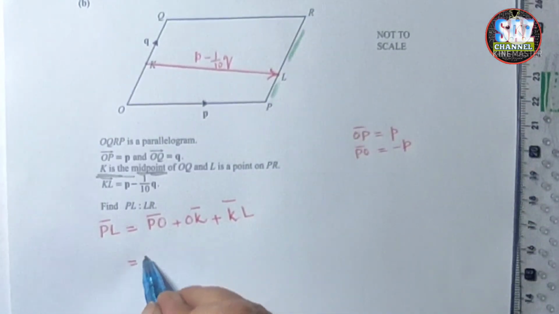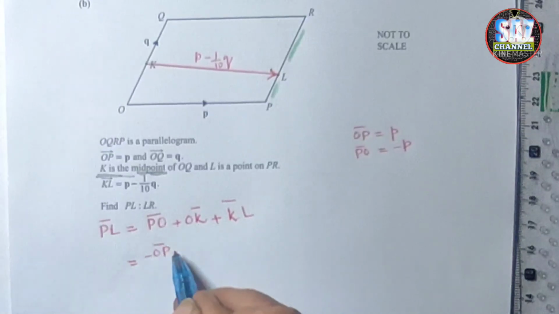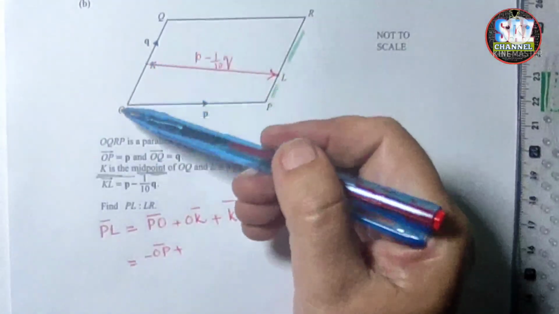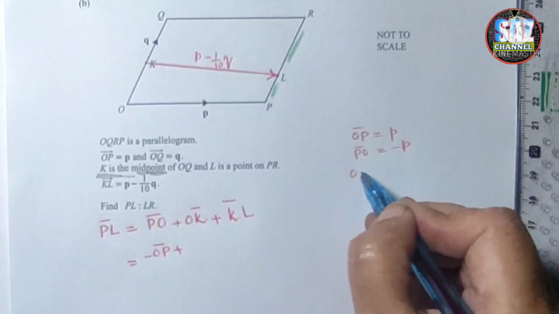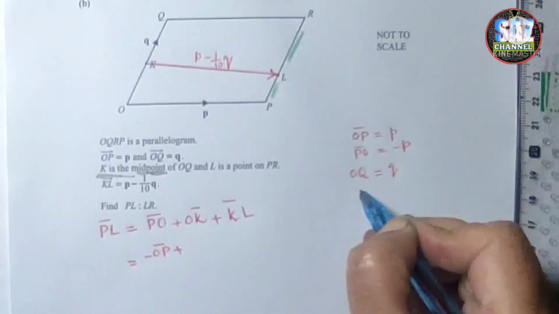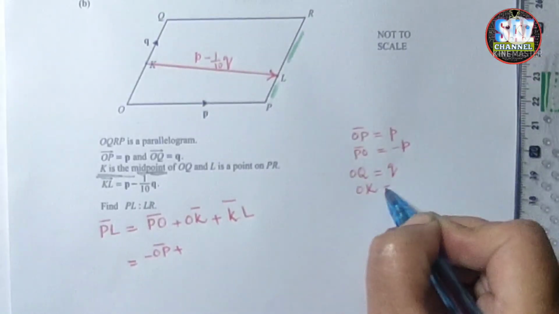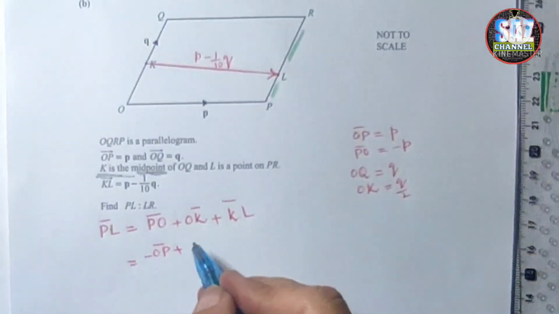So I will write minus OP, and K is the midpoint of OQ, and the OQ total length is Q, so O to K will be equal to Q by 2.